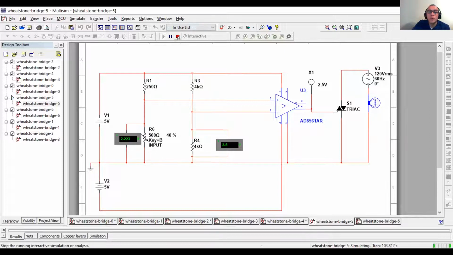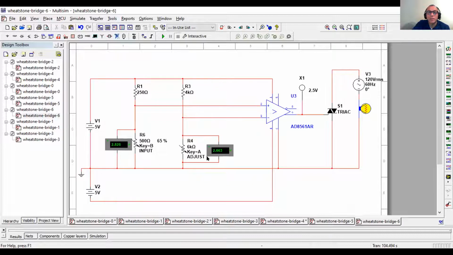So what we do now is that same circuit. I'm going to go to the next one. I put an adjustment here. So what I've done now is I'm able to adjust the threshold voltage of when this goes on.